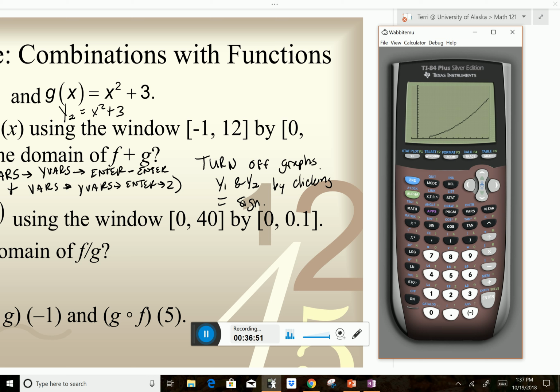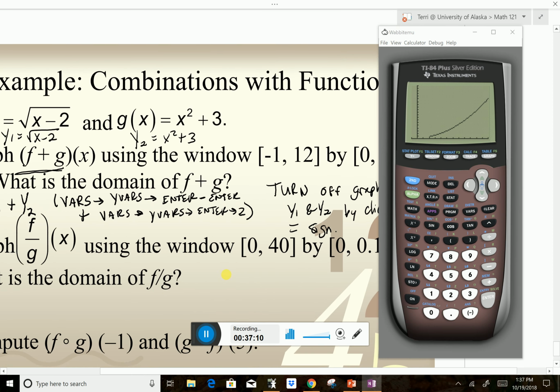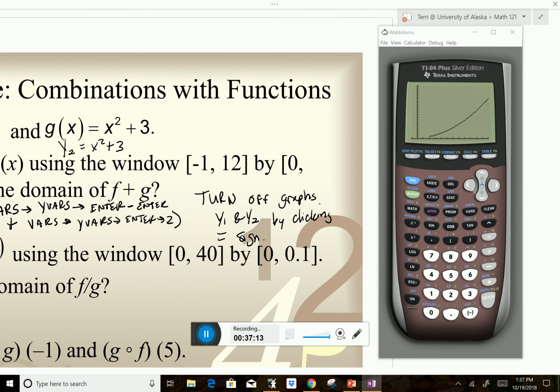So let's think for a second. What does the domain of this appear to be? It looks to me like we can't start until this point right here, and that is at x equals 2. Which makes sense, because remember, our function is the square root of x minus 2 plus x squared plus 3.